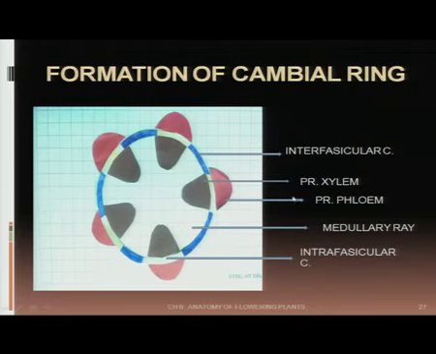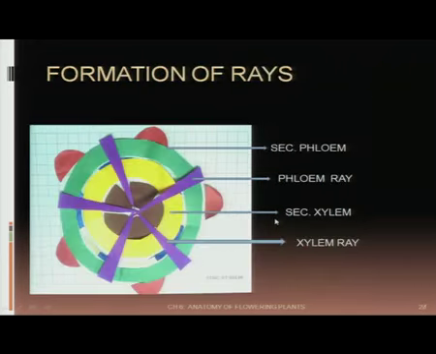The brown paper was used to show primary xylem and the red ones showed primary phloem. The places in between the vascular bundles, it was the medullary ray. It is a time when the secondary growth has just started and a complete cambial ring has formed.